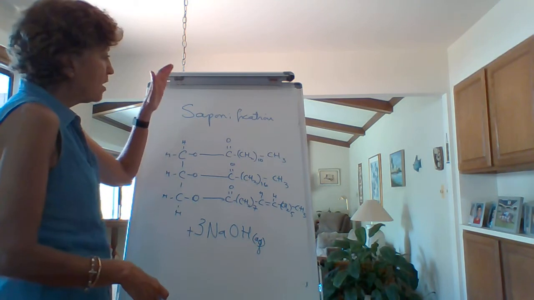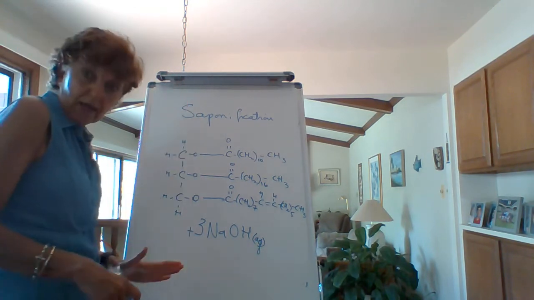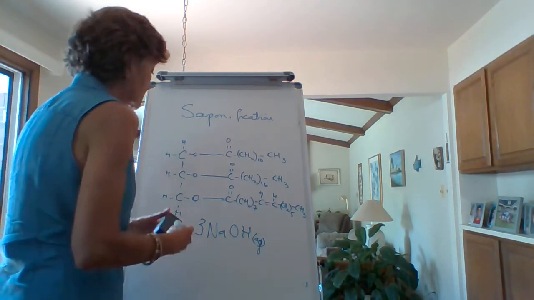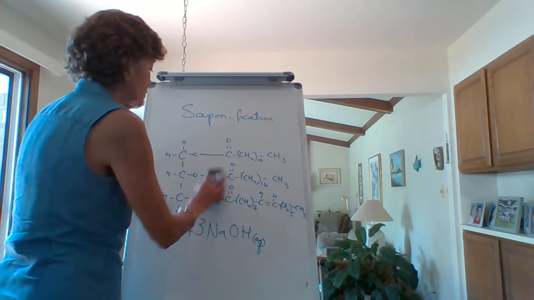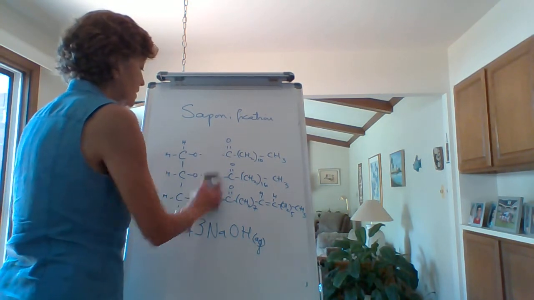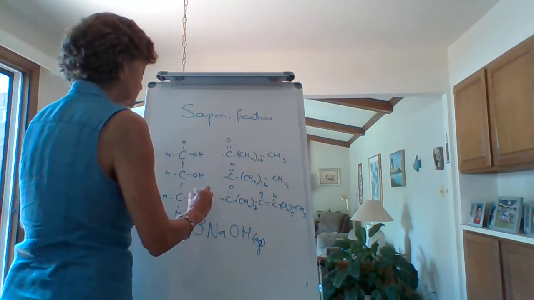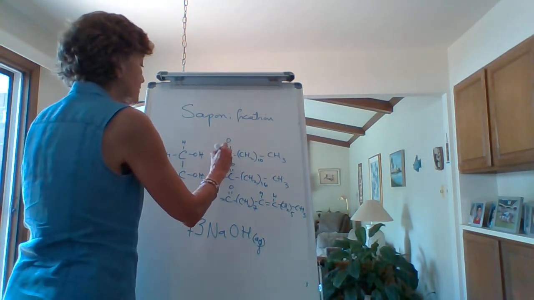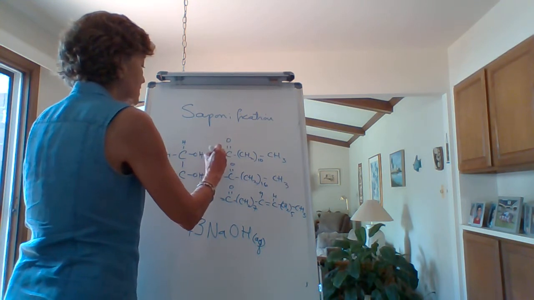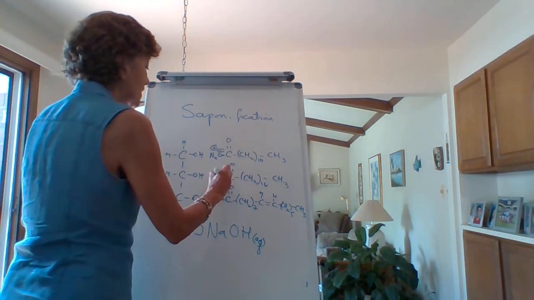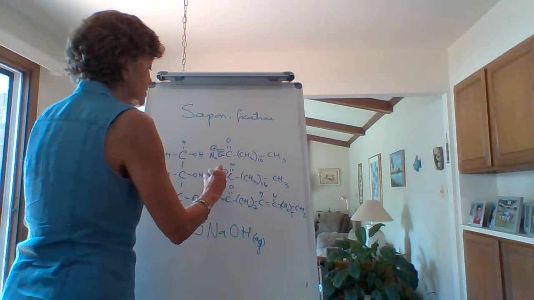All right. You end up breaking the ester bond, and this is what it looks like. You end up with glycerol again. So back to glycerol. But now, instead of the original fatty acids, look at what we've got now. We have fatty acid salts.